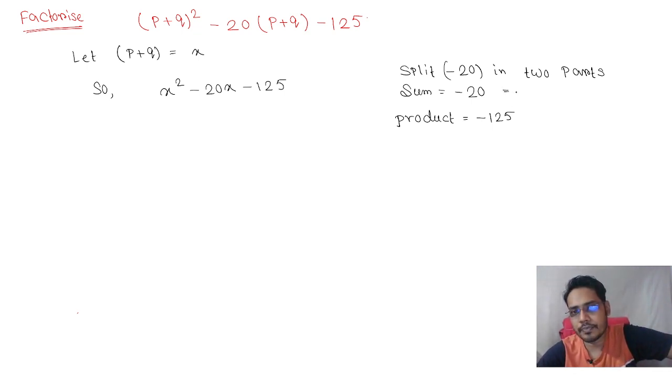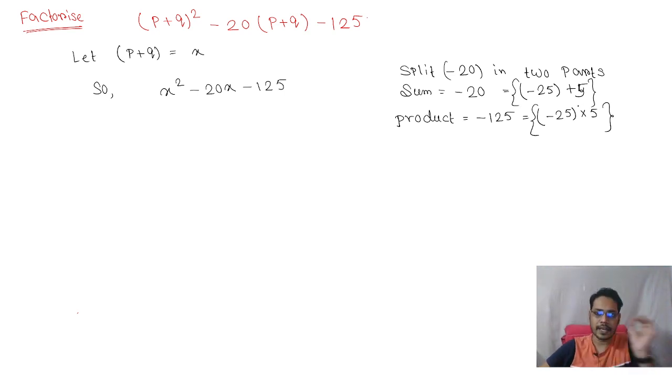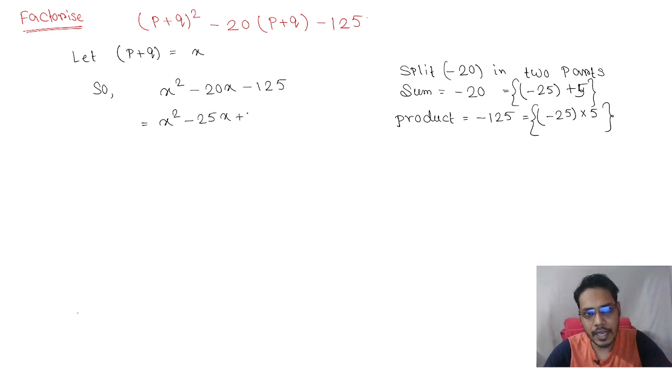We can write minus 20 as minus 25 plus 5, and here we can write minus 125 as minus 25 multiplied by 5. So the two parts are minus 25 and 5. We can write minus 20 in this form: x square minus 25x plus 5x minus 125. Now here check x common.